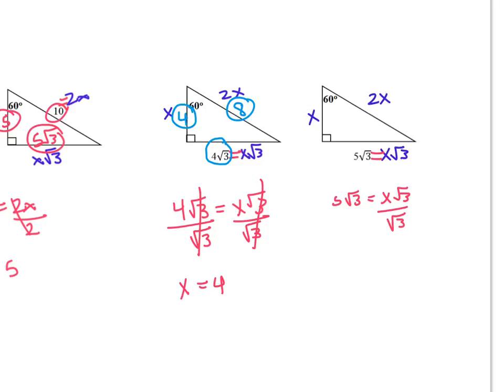Divide both sides by the square root of 3 because we're solving for this x. Cancels on both sides, so x is equal to 5. Then we go back to our triangle, we start plugging that in. We know that this side is a 5, and our hypotenuse is 2 times 5, which is 10, and then the other side we were already given.